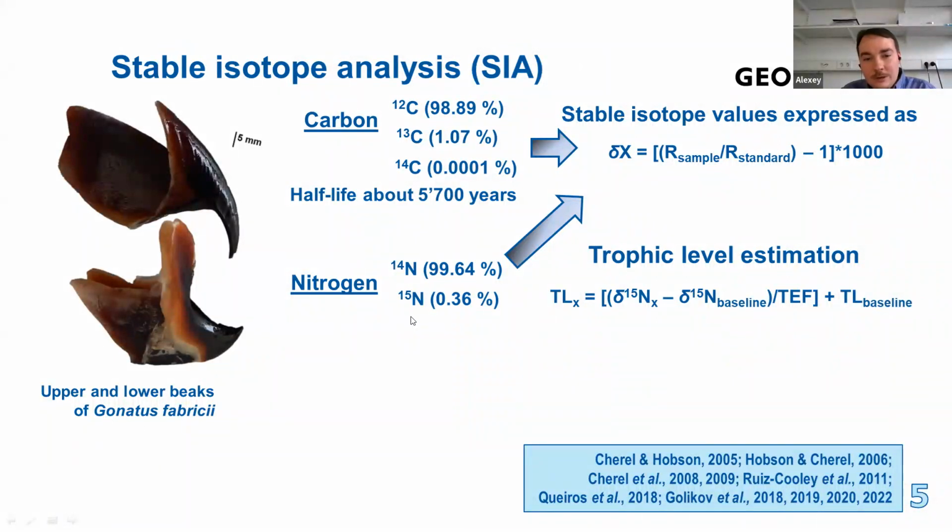And in nitrogen, the regular nitrogen, more than 99.5% is nitrogen-14, but nitrogen-15, that's our target stable isotope for ecological reconstruction.